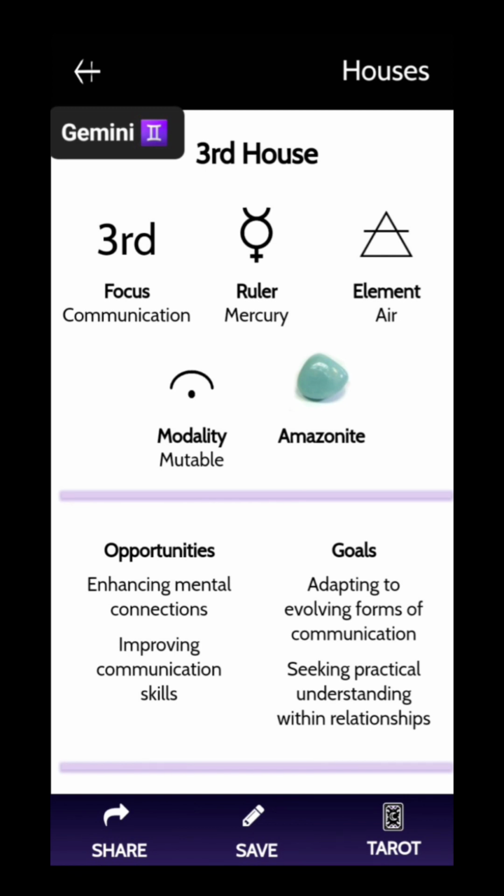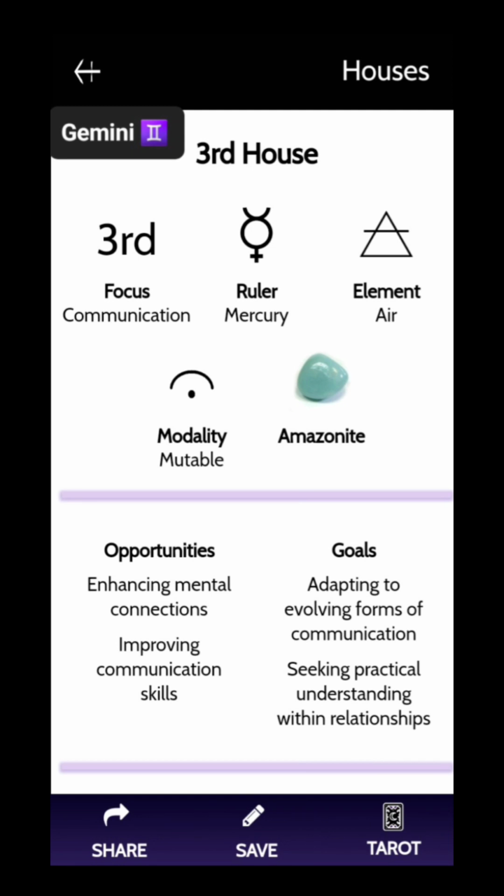This can be short communications, such as like text messages, things that come over the telephone, things that come over the computer, such as email, communication of your own, how you communicate. It represents vehicles, siblings, cousins, your mind, small education, which is like a certificate of sorts, okay?